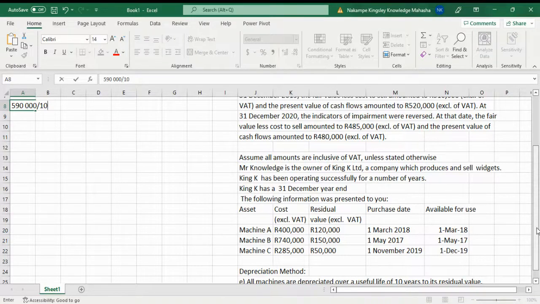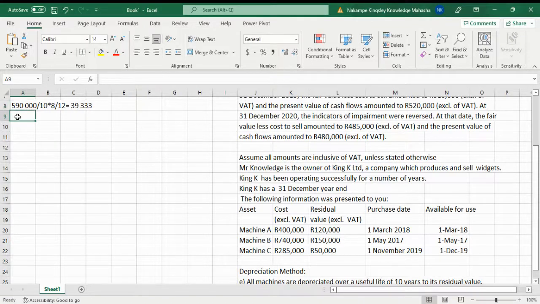It's 8 months, so we multiply by 8 and divide by 12. That would be our depreciation. If you take this amount, divide it by 10, multiply by 8, divide by 12, you're going to have 39,333, which we round to the nearest 100.